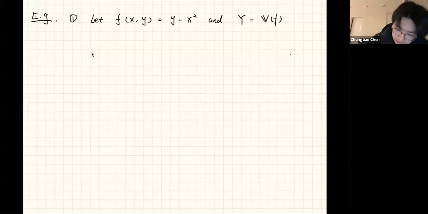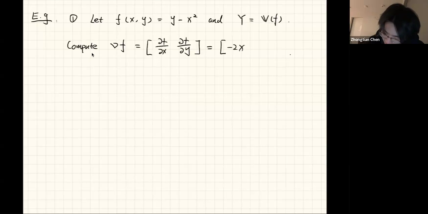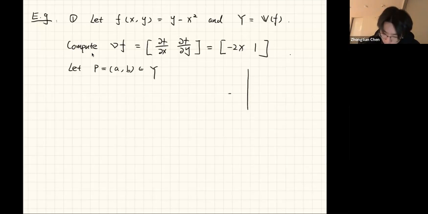So in this example, we first compute the Jacobian of F, which is this. And let's take an arbitrary point in Y. Just to remind you, Y is this parabola.